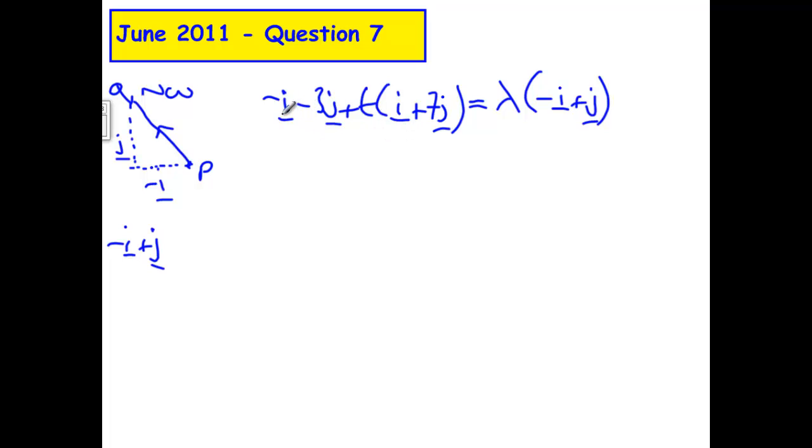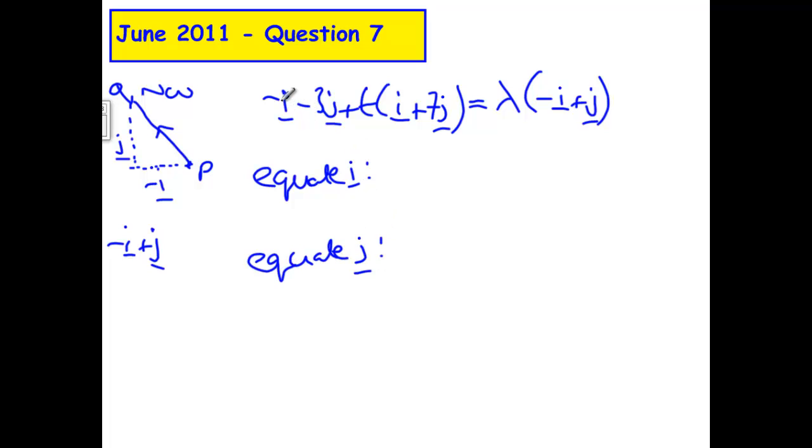Now this is an equation. It is a vector equation, so it has i and j components, and there's 2 unknowns. There's t, which we want to find the value of time when this is true, and there's this constant lambda. So what I'm going to do is equate separately for the i component, and for the j component.